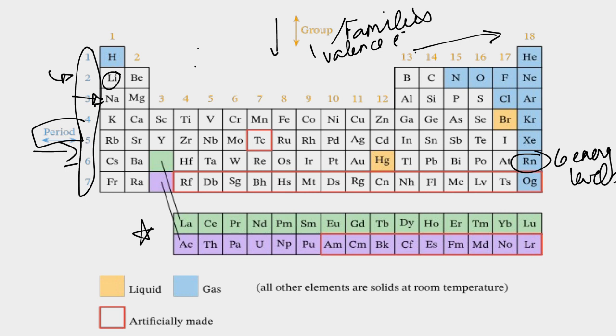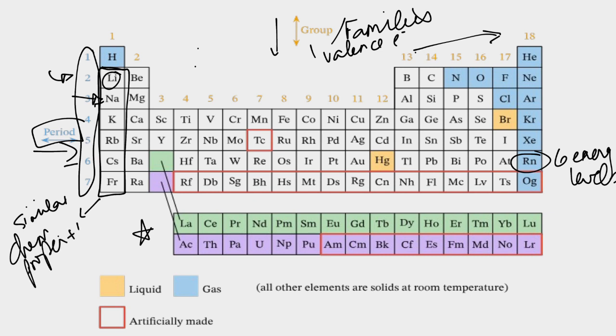One other thing about groups is that the elements are arranged according to similar chemical properties. Everybody in group 1, except for hydrogen, sometimes, have similar chemical properties.